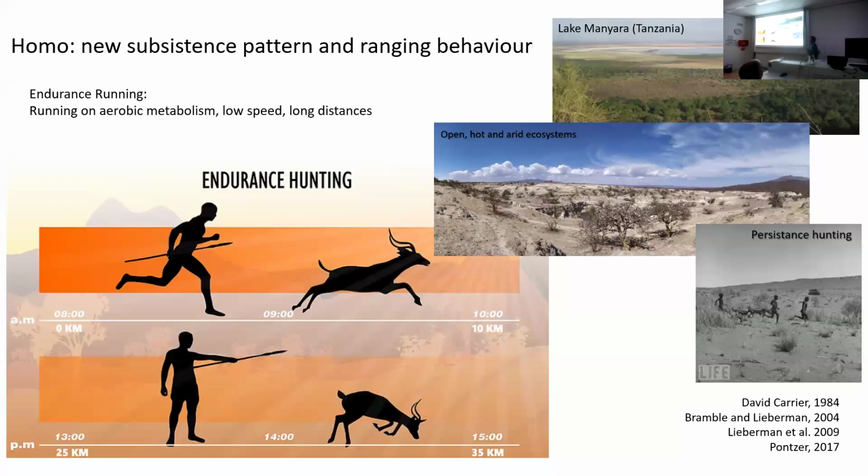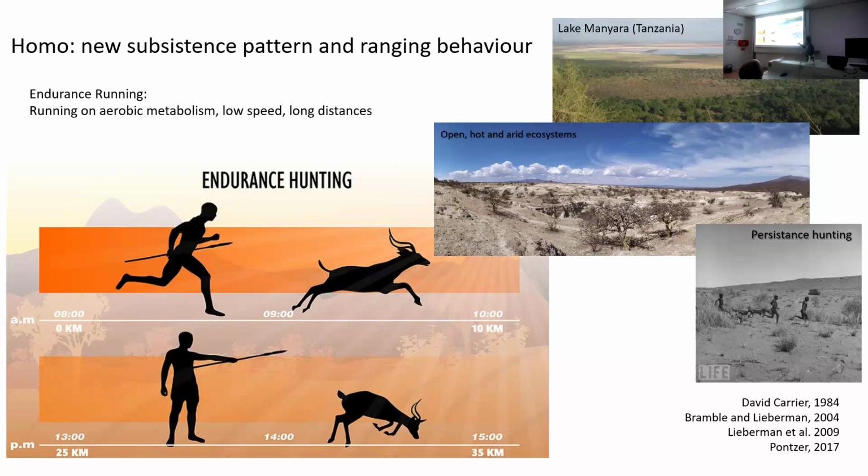And the idea of this endurance hunting is to use endurance running, long distance running, and to pursue the animal and to run it into hyperthermia. And this would be a kind of long distance running at low speeds, metabolically speaking, on aerobic metabolism.